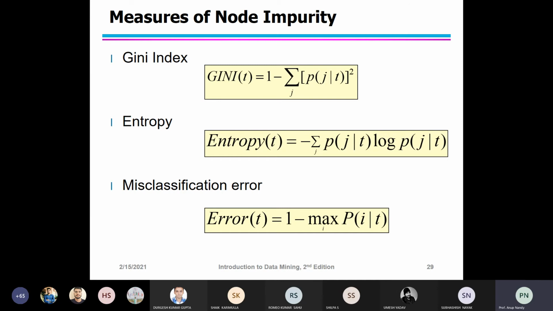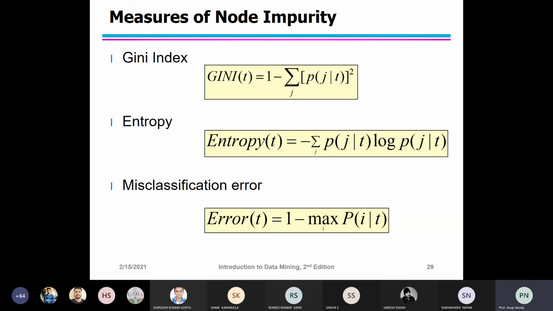In a two-class problem, the class distribution at any node can be written as p0 and p1, where p1 is equal to 1 minus p0.